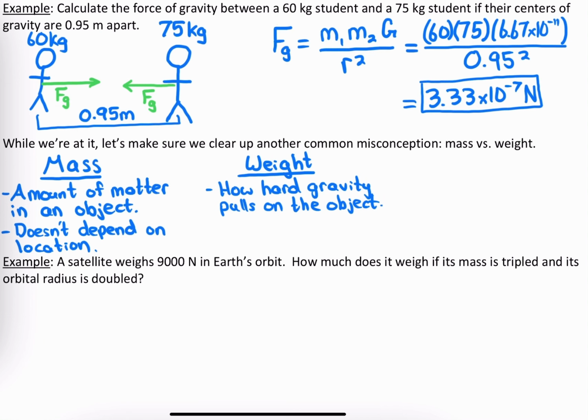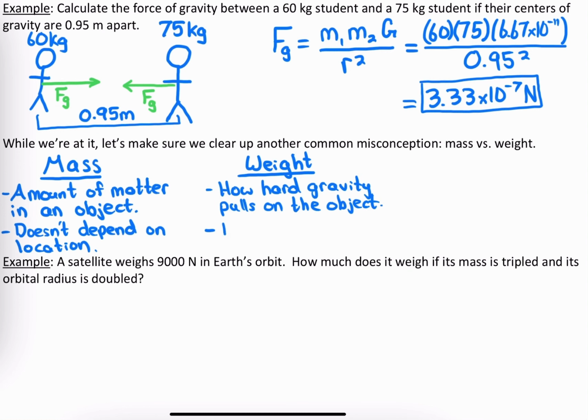So if you take your mass and you go to the moon, gravity will pull on you there less than it does on Earth, because the moon has a lesser gravitational field than Earth does. So you can change your weight by going to a different place where the gravitational field has a different strength.